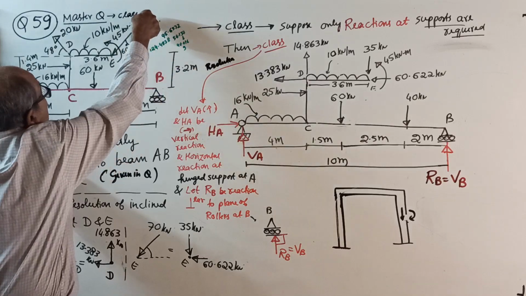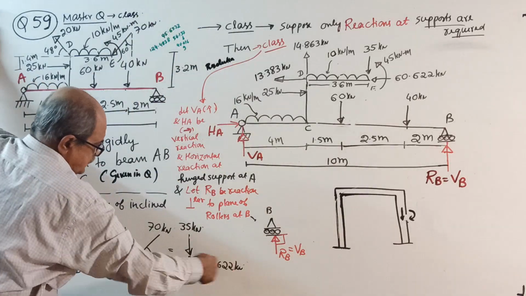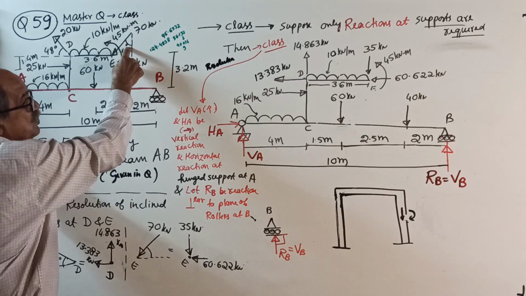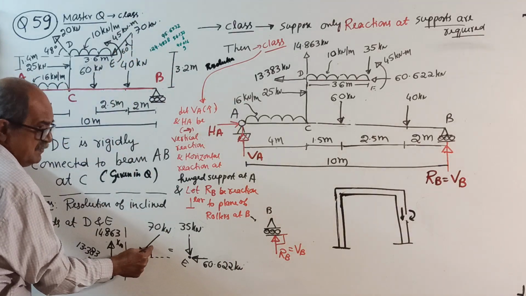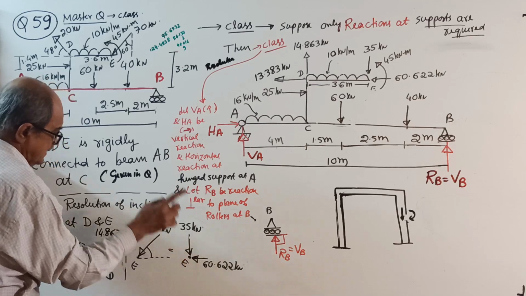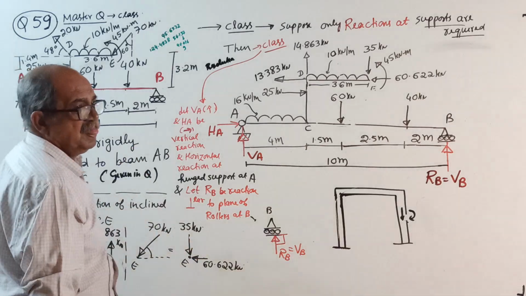At E, it is coming this way, components are this way. They told 60 degrees with vertical, so you consider 30 with horizontal. Components are here.